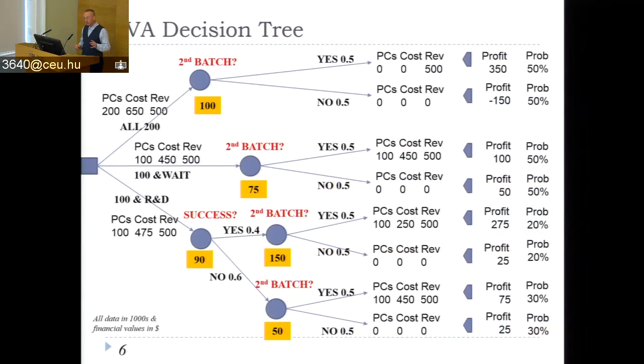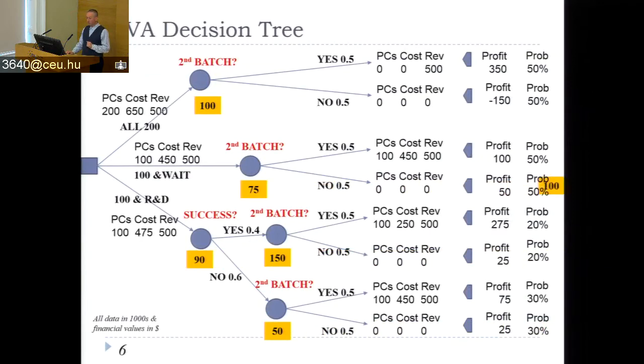The very important element I would like to underline is that the result of a decision tree is never a single value. It's always a list of various outcomes with key probabilities, so the decision maker can properly understand the value of the decision.